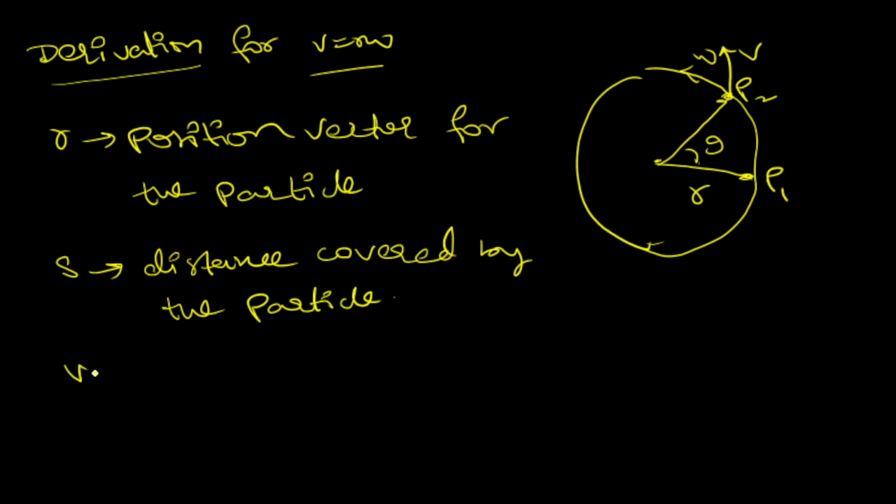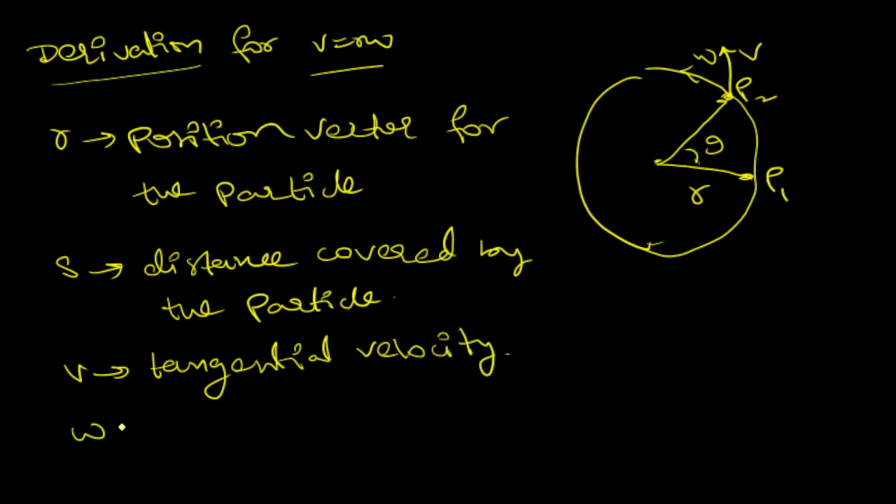And v is the tangential velocity of the particle. Omega is the angular velocity. Okay, and I am going to find out the value of s here initially.